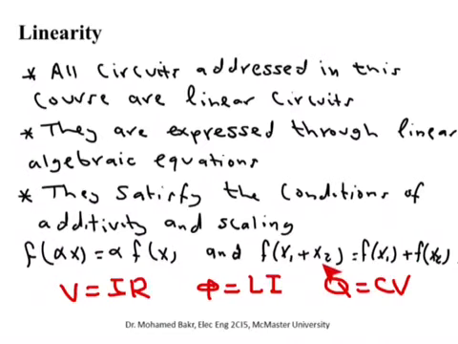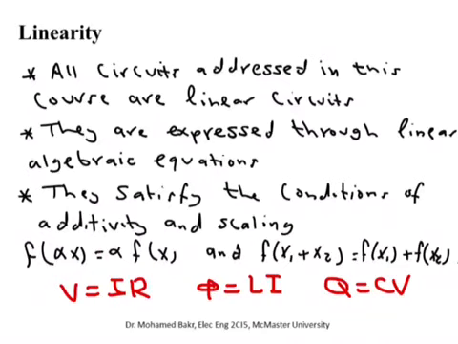If your source is x2, it gives you a value of f of x2. If you sum the two excitations, so if you have a voltage source of 4 volts and this one is 5 volts, and you apply a voltage source of 9 volts, the output from the circuit will be the sum obtained from the 4 volts case and the 5 volts case. This is the condition of additivity. These are the two conditions that classify linearity.